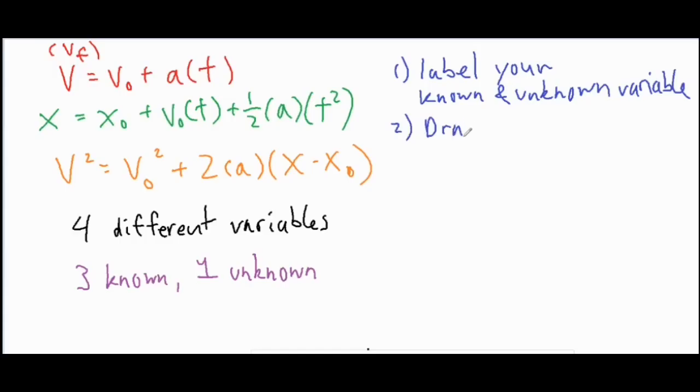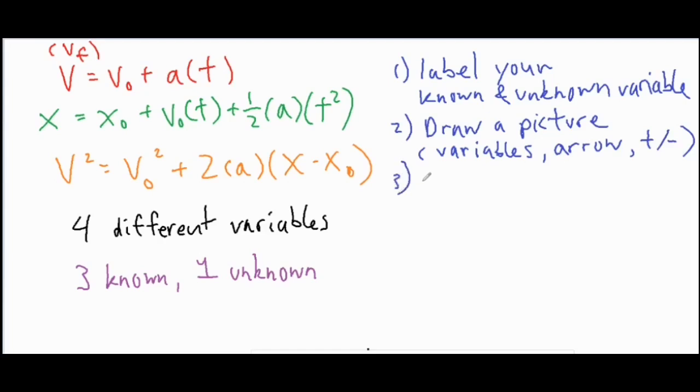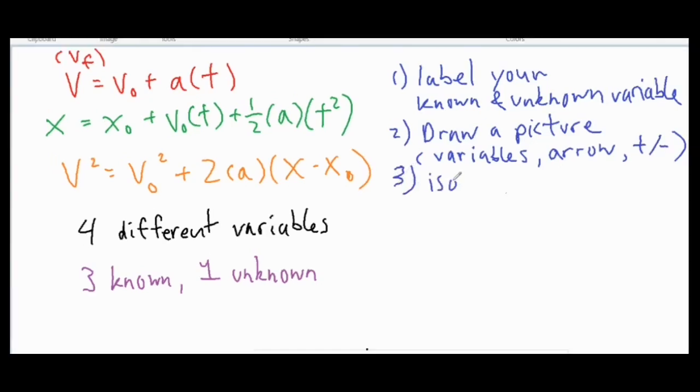Number 2, I would highly recommend drawing a picture with the variables on your picture with arrows, and then possibly including positive or negative values along with your picture. And then number 3, you are going to isolate your unknown variable and then do a little bit of algebra to solve for your unknown variable.